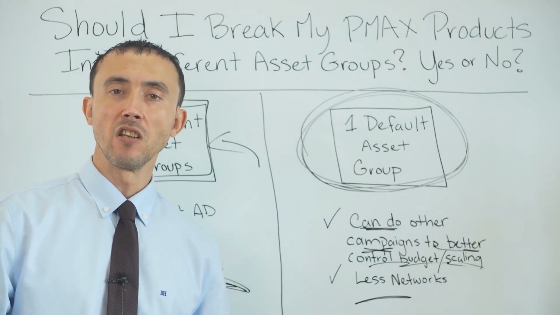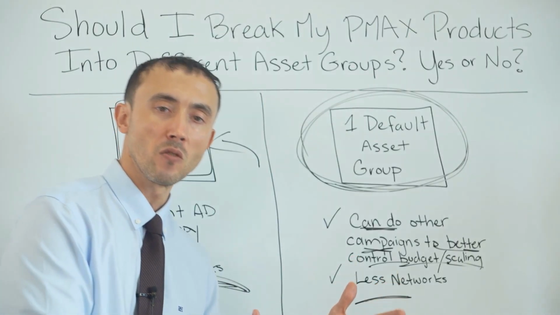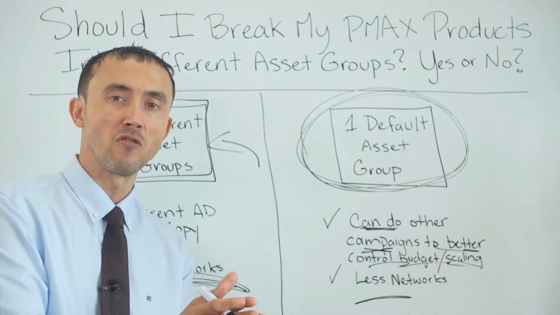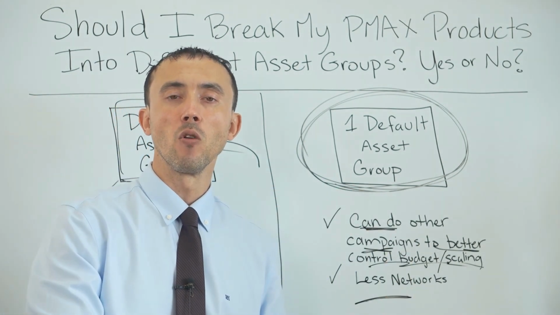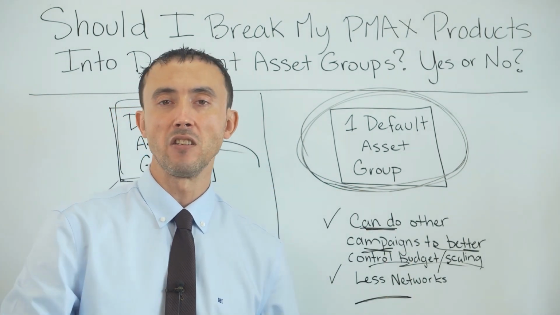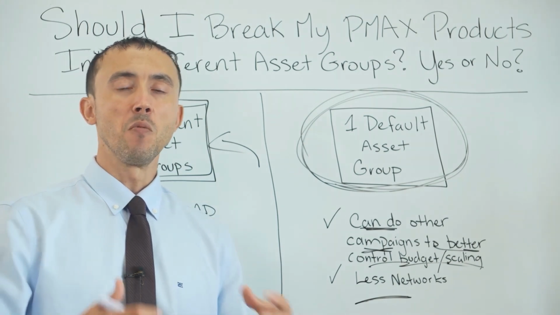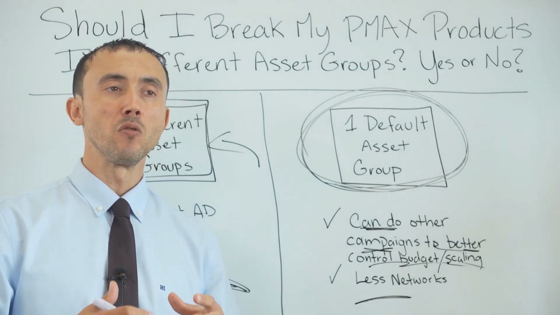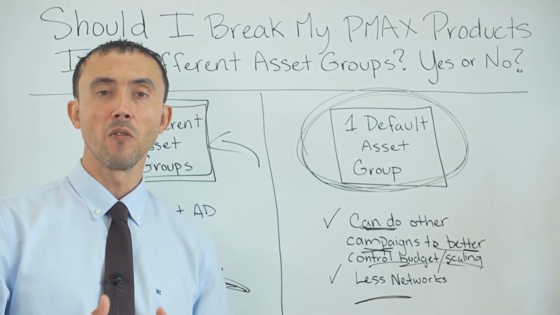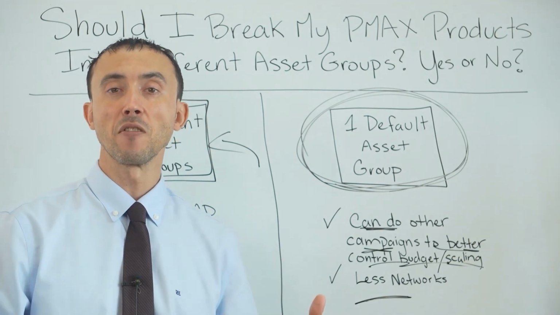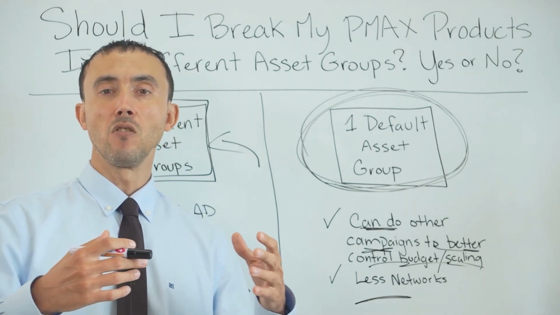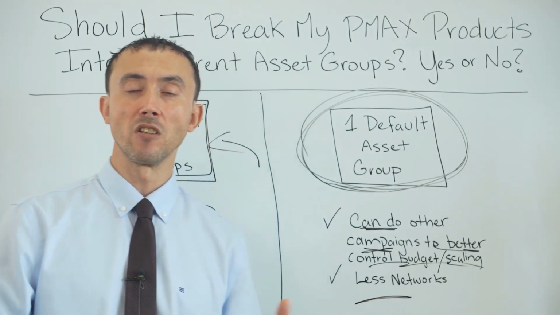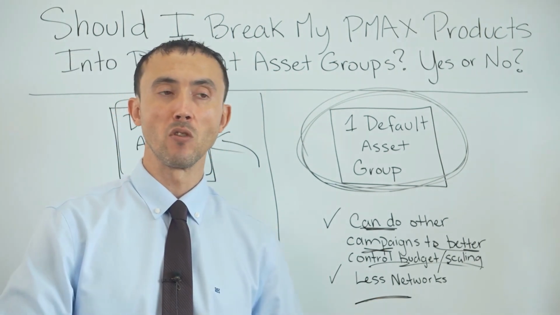And when you get years into running a campaign already, it's hard to pivot and do another campaign structure because you're going to be losing so much data on the old campaign that you're pretty much married to it at that point in time. So it would be very advantageous to reach out to me for a 30-minute coaching call, talk about the structure you potentially want to do so that you have the best structure for your account long-term, because that can make a big impact on your long-term results.